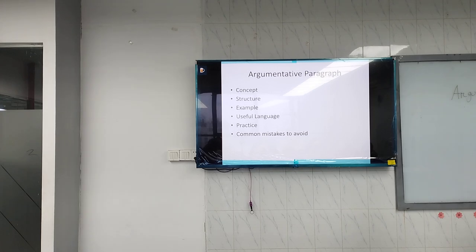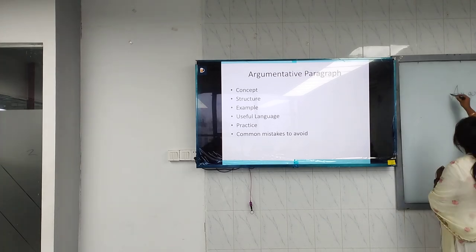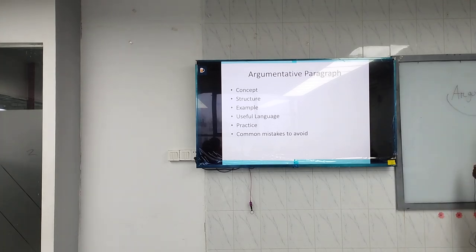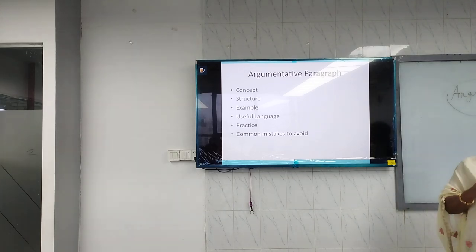So one of the paragraphs is the argumentative paragraph. The core idea of an argumentative paragraph is, the main idea is argument. What is the meaning of argument?